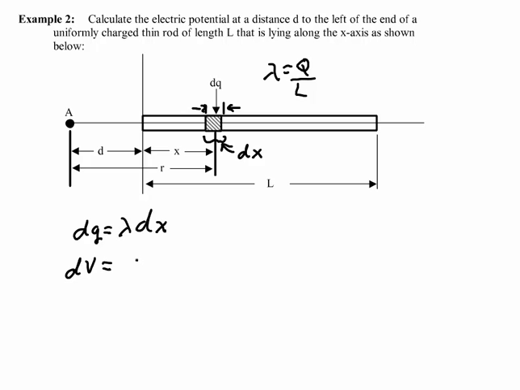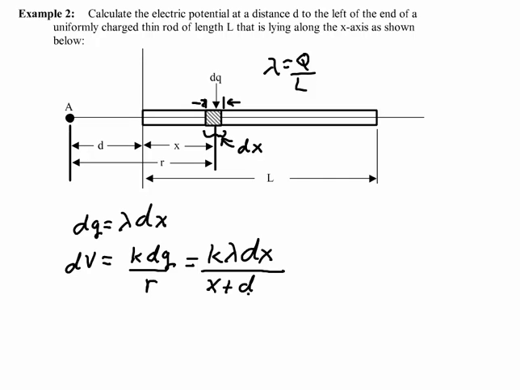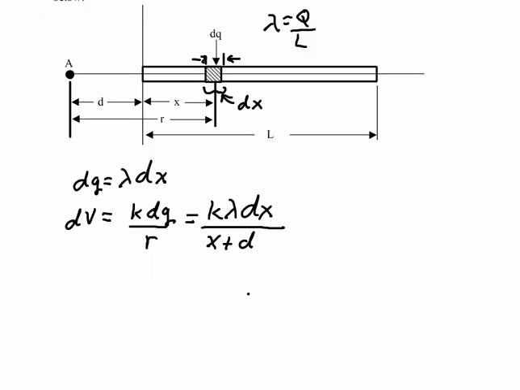We now put that into our formula for the potential. The electric potential is K dq over r. This would be k lambda dx. But I also need to write r in terms of x. Well, I look up here in my graph. R is d plus x. Then to solve the problem, what I do is I say that v is equal to the integral.